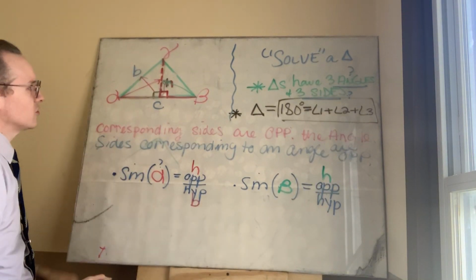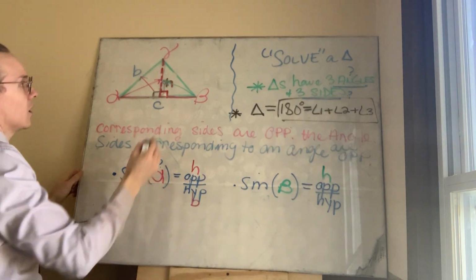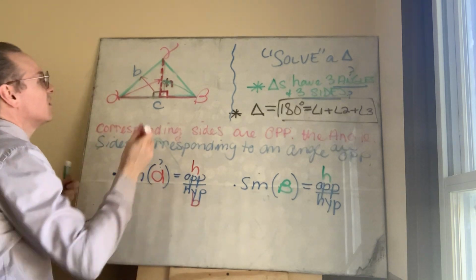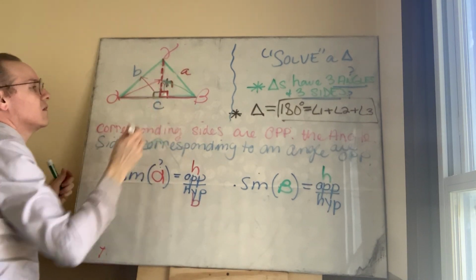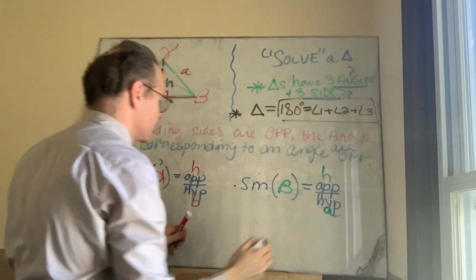And the hypotenuse in this case would have been A, which I erased. You would see lowercase a.